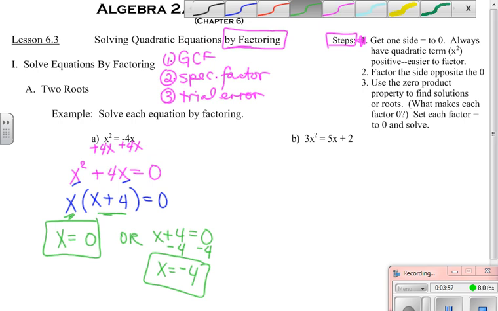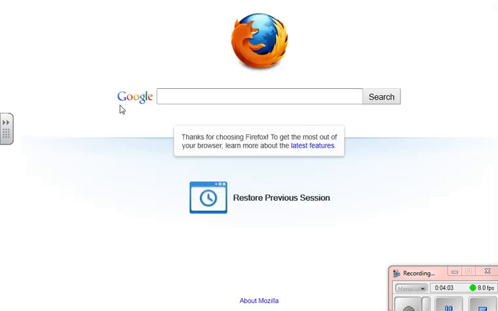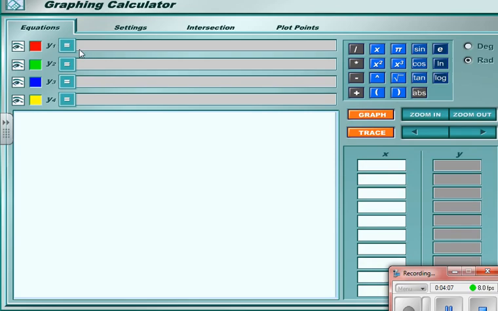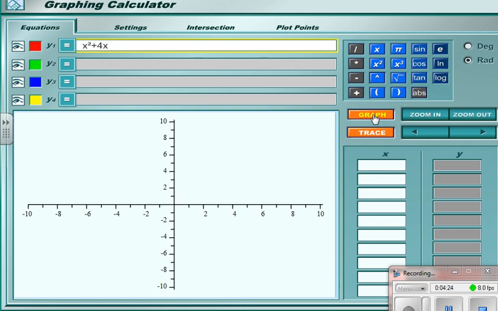Just out of curiosity and to show you, I'm going to pop up that graphing calculator. Type in x squared plus 4x and hit graph.